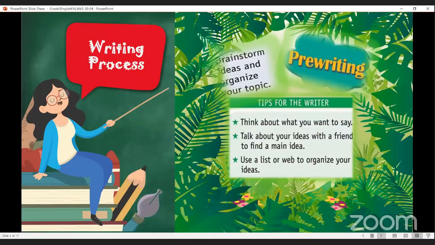So when I introduce the topic to you, start already making little notes about what you want to say. Talk about your ideas. For example, if there's someone that can hear you on that side, share ideas. Maybe they can give you a cool idea. Use a list, or even you can go online to organize ideas. But a list is quite handy.